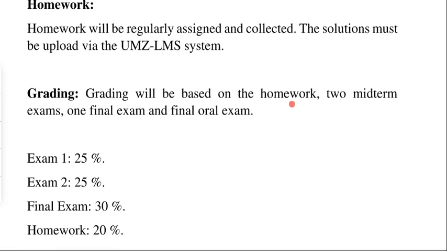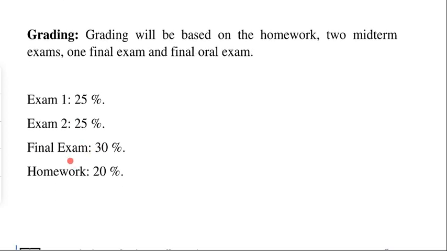If we have 2 midterm exams, then the first and second midterm exams will contain 25% of our final score, your final exam will contain 30% of your final score, and your homeworks will contain 20% of your final score.